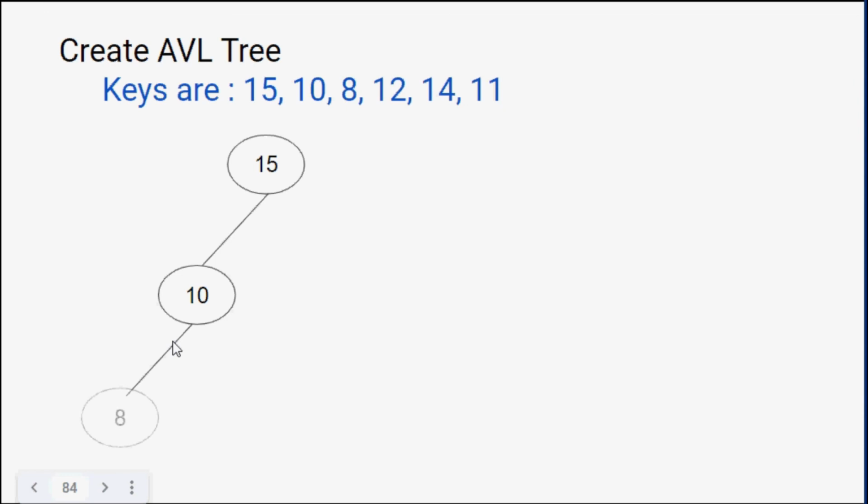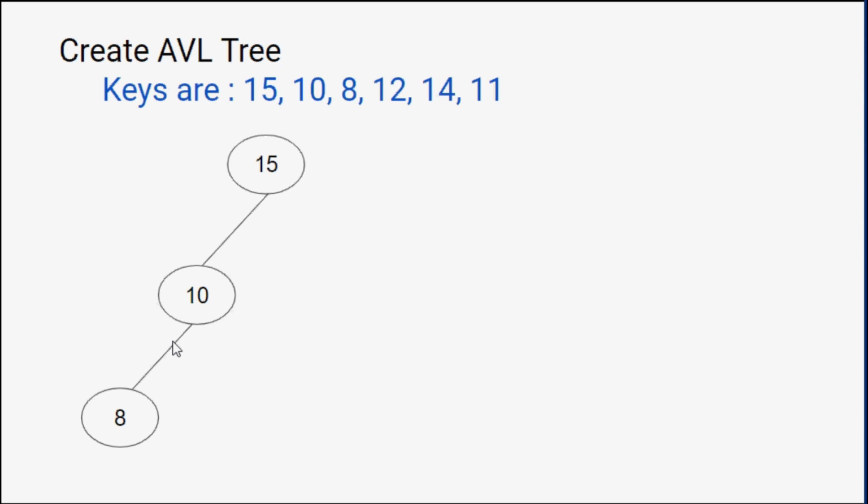Now next is 8. 8 is less than 15, and 8 is again less than 10, so I'll insert 8 as the left child of 10. Once you have inserted 3 nodes, note that a node can have a maximum of 2 children, so 2 children plus one parent, a total of 3. After inserting 3 nodes, we need to check the balance factor every time.